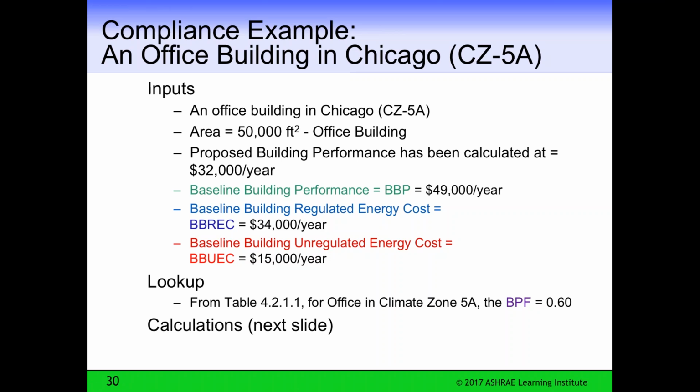I'm not seeing the chart that I had put into the notes page showing up on my screen. But in the notes page on this slide, there should be a copy of the table with an office building in climate zone, I think, 5A, with 0.60 as the building performance factor.